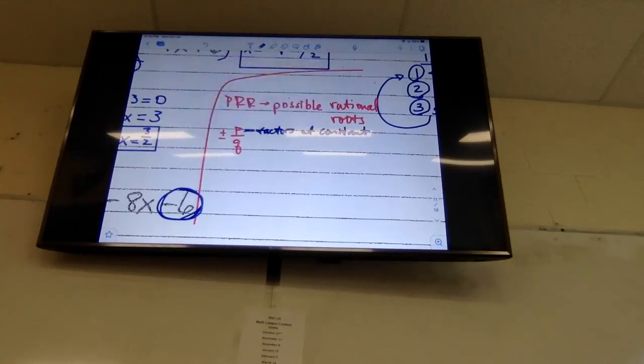Q refers to the factors of the leading coefficient. Often it's 1, so that makes it a little bit easier. We don't get as hard as we could get here, and we keep it simple by having it just be the factors of the leading coefficient.